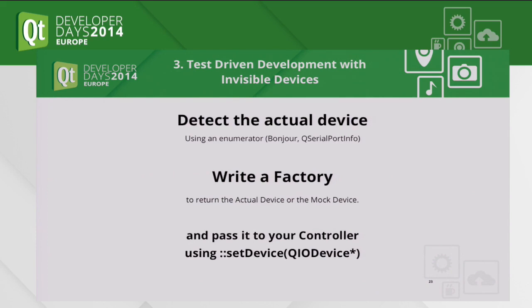One thing that is important when you are doing some device-related stuff is that you should actually detect the device. Because if you always try to connect to the device without verifying whether it's there or not, you will lose time. And also, your customer will wonder why your application starts, doesn't work, doesn't show anything.